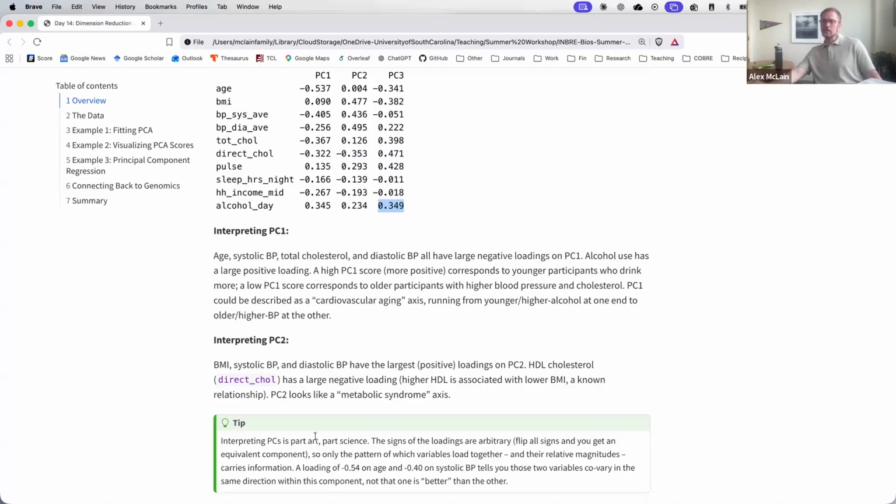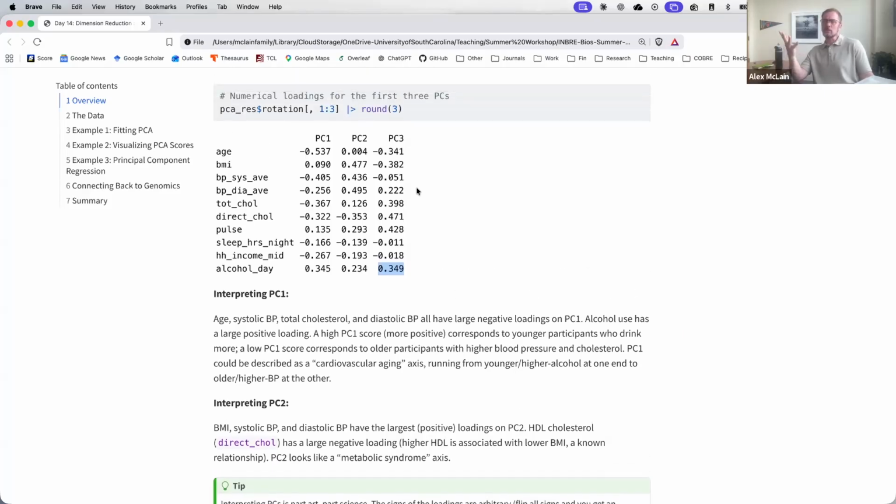So, interpreting PCs is part art, part science. The signs of the loadings are arbitrary. We could flip these signs and get the same thing. So it's really only the pattern of which variables are loading together, their relative magnitude, that carries some information.